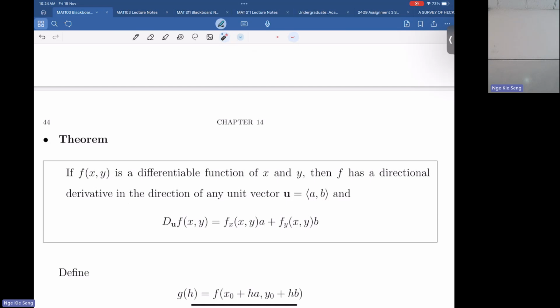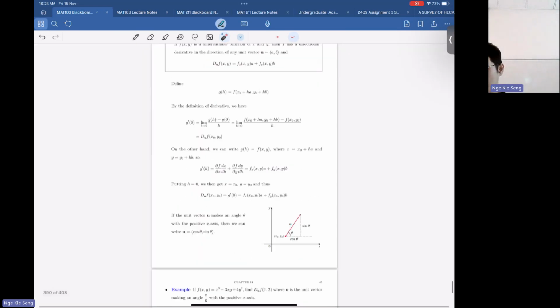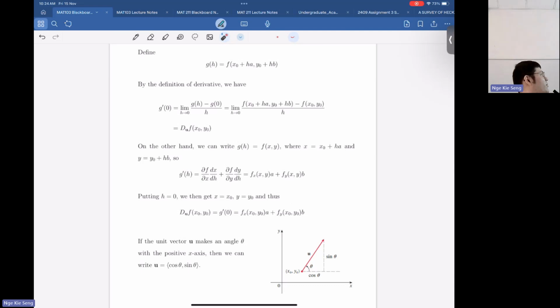Actually, this proof is not too hard. So let's quickly show it. I mean, you can look at this proof and then try and study it.